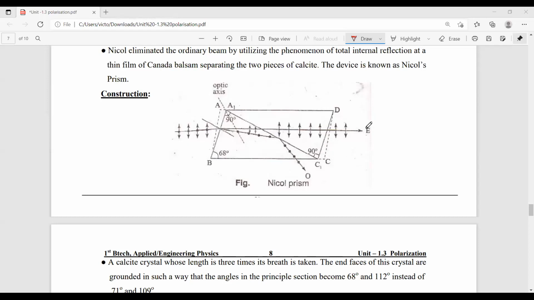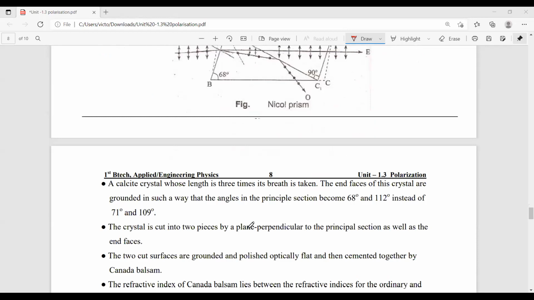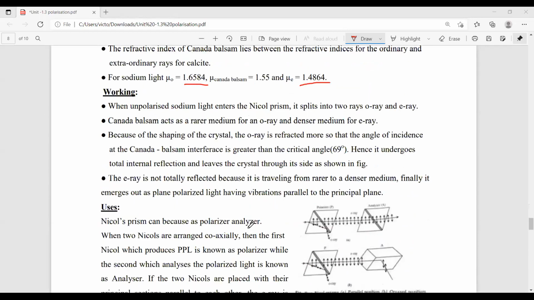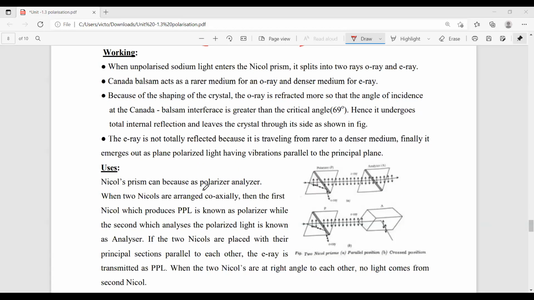In this direction we collect the extraordinary ray, and in this direction we collect the ordinary ray. So the Nicol prism is used as a polarizer as well as an analyzer.